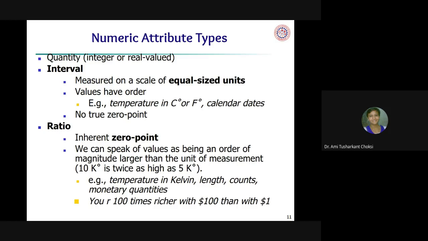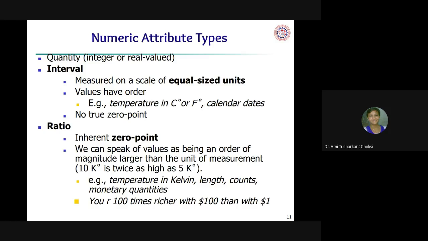As for example, temperature in Celsius or Fahrenheit, calendar dates, equal size units, right? No true 0 point. We are not considering the 0 point as the origin from which it starts. 0 point can be there, but no true 0 point, right?